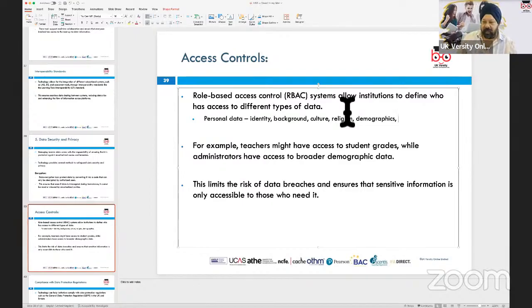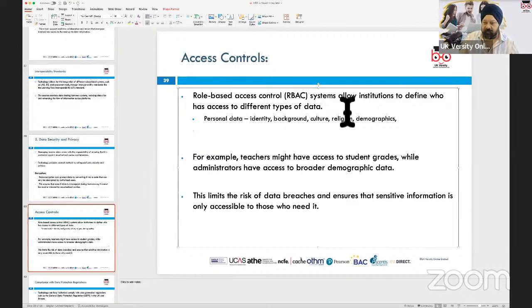This data, which is collected at the time of admissions, can only be accessed by the admissions manager or somebody who is pre-qualifying the children taking admission into that particular school. So personal data will only be available to the admissions manager or management within the organization.